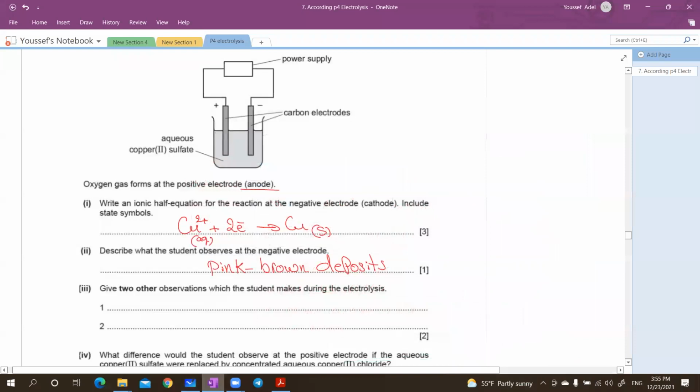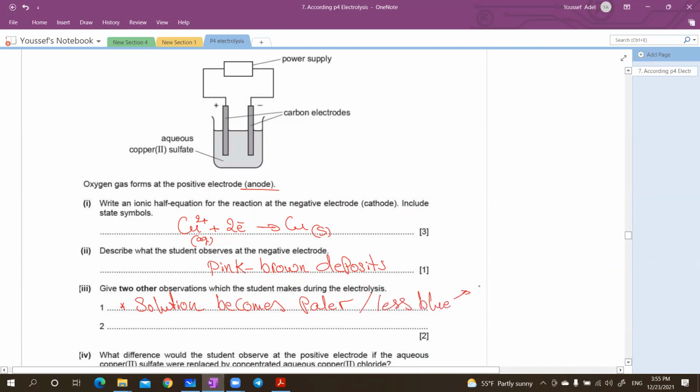So the first observation is the solution becomes paler or less blue.